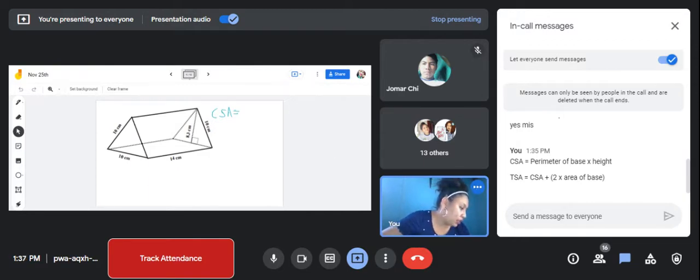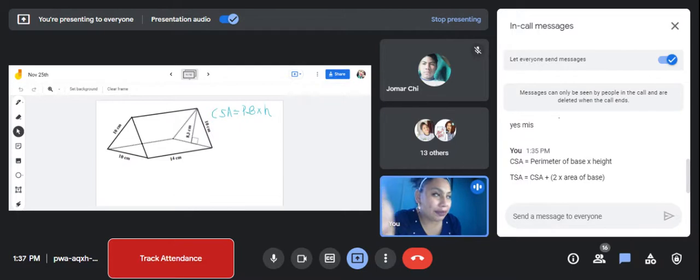You have it in the chat. What does it say? The perimeter of the what? Of the base. Perimeter of the base times the height.